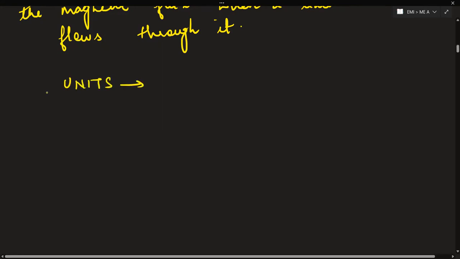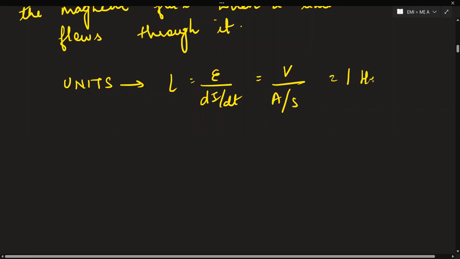So units will be what? This L can be written as E divided by di over dt. So this is written as volt, this is ampere per second, and this is called Henry. This is known as 1 Henry. So Henry is the SI unit. And dimensions also are asked.